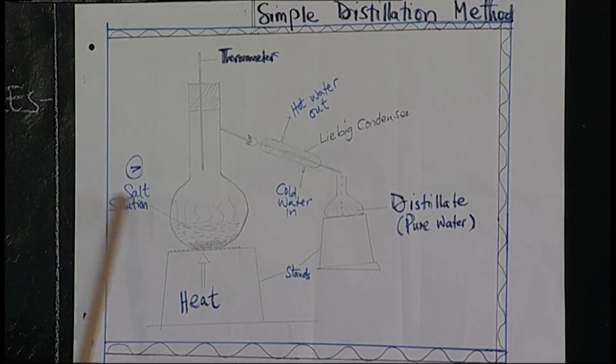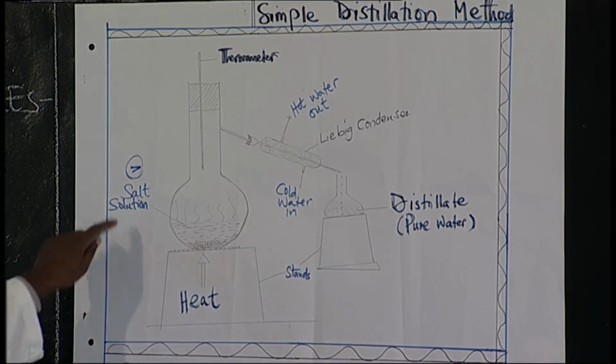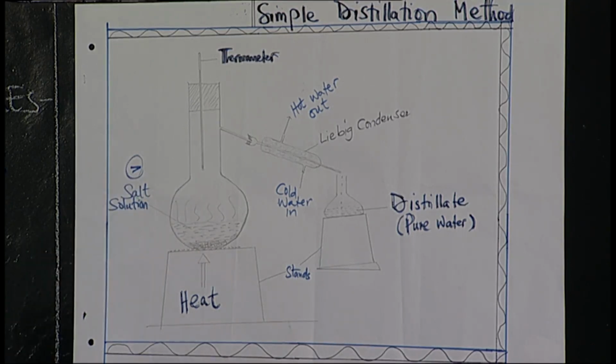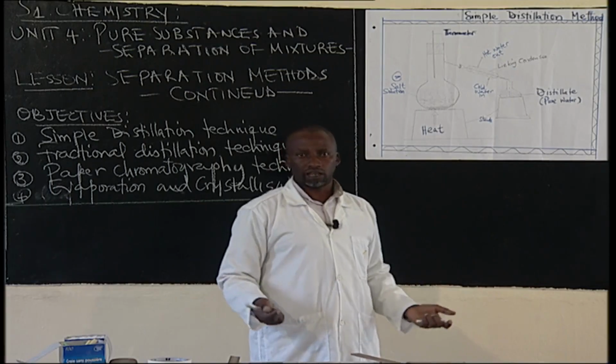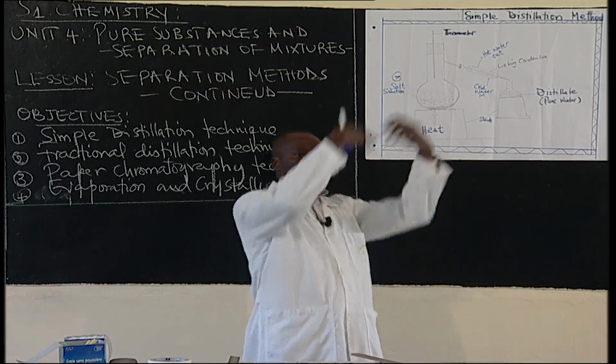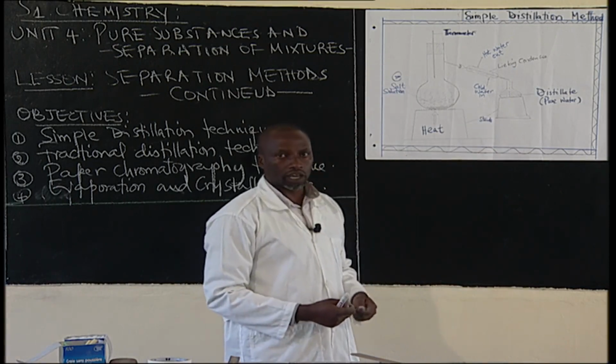When you look at this, what are we trying to separate here? Just tell me what we are trying to separate in this method. This is the salt solution, so you have the salt dissolved in water, and you have to distill the water.